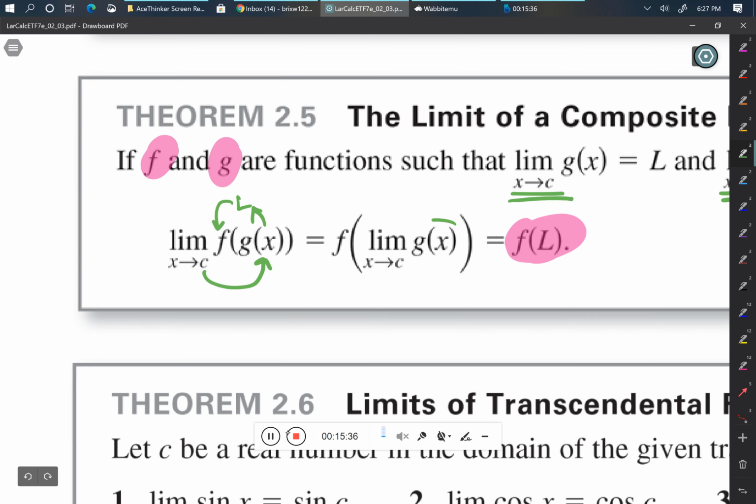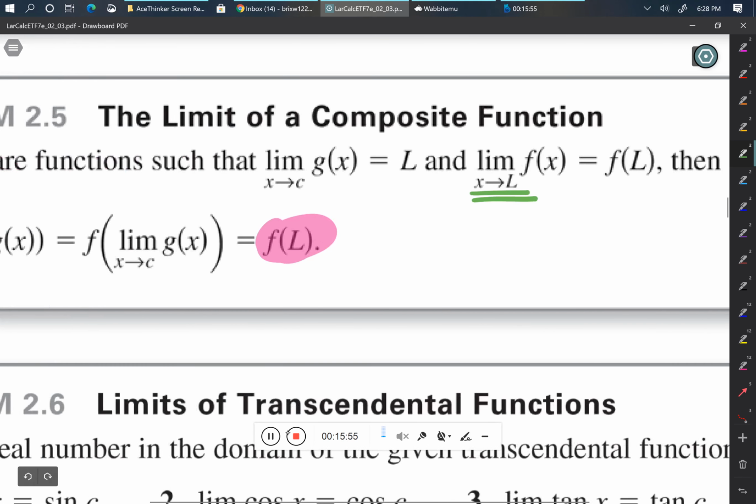Because this inside piece, when we evaluate that and take that limit, is going to be some number L. So we have to have L be a number that is in the domain that is valid for that function f. Okay? So this is the first one that is different in that we have two functions f and g, but they don't have to evaluate at the same number. They have to evaluate at the proper relationship for that composition.